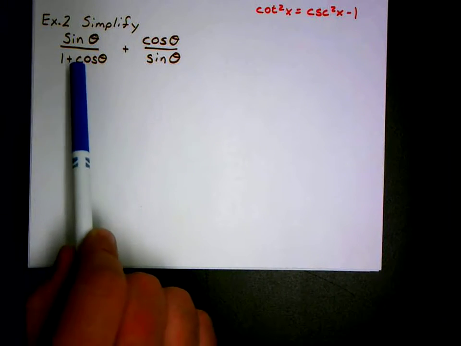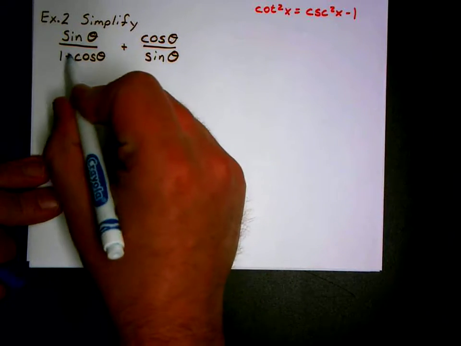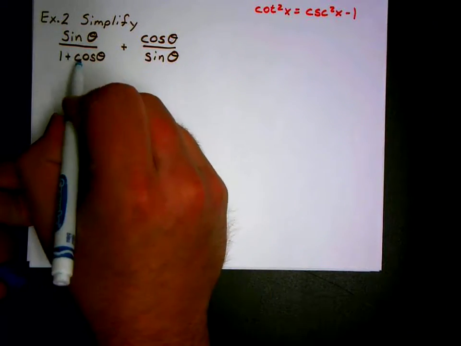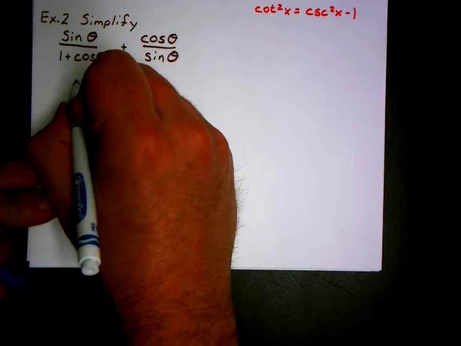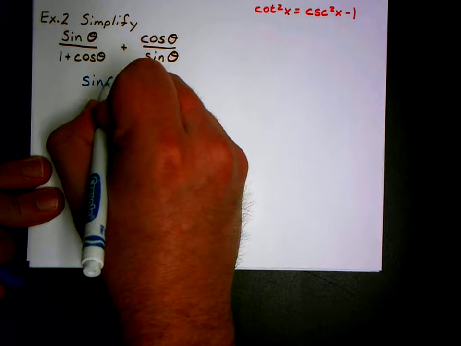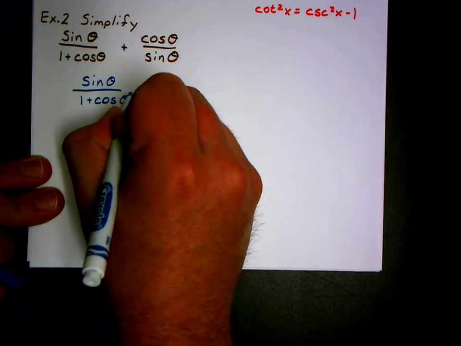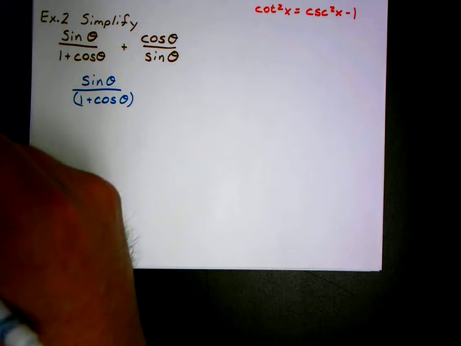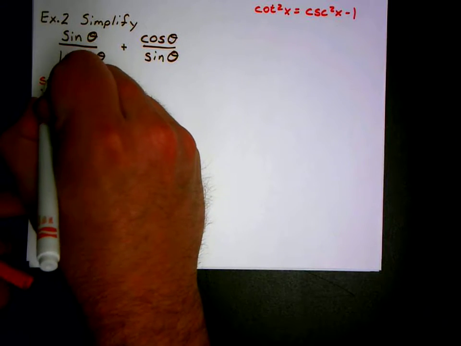So what does this one need to get common denominators? It needs a sine theta. Right? This one is missing a sine theta, so what I'm going to do is take this one times sine theta over sine theta.